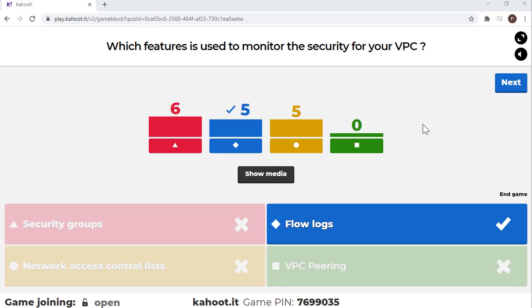So let's understand the concepts again for a VPC. We have security groups, which are mainly to secure you at an instance level. Network ACLs are mainly to secure at a subnet level. VPC peering is for when there are two different VPCs and the resources of these VPCs want to communicate with each other and access each other's resources. We have route tables, which are mainly for routing the packets and giving the rules of where exactly they should be routed.